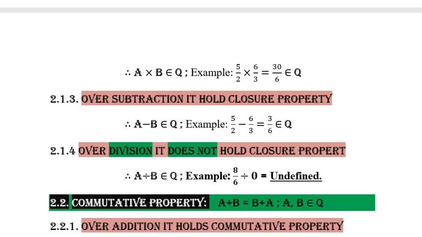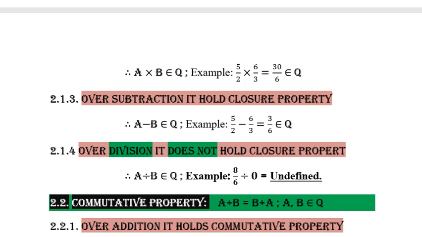Now over division we have to check, because in mathematics the four basic operations are addition, multiplication, subtraction and division. So we have to check all the properties on these four operations. For division it does not hold closure property, because if we divide any rational number by 0, it will be completely undefined.